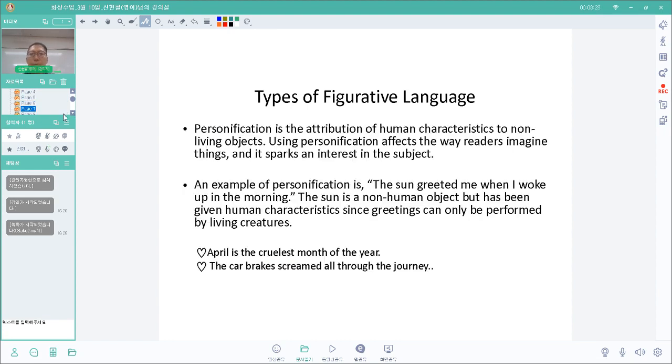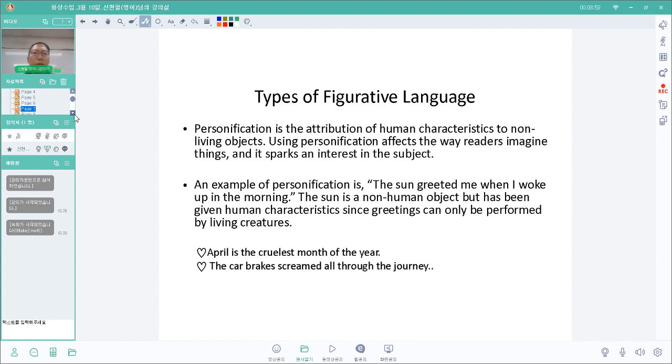Okay? Next up is personification. Personification is attribution of human characteristics to non-living object. So you make non-living object act like a human. You make non-living object speak like a human. This is a technique of personification. Okay? So using personification affects the way readers imagine things and sparks an interest in the subject.